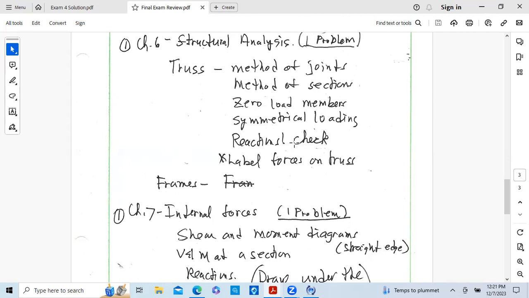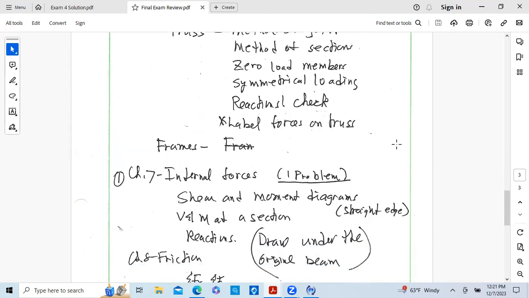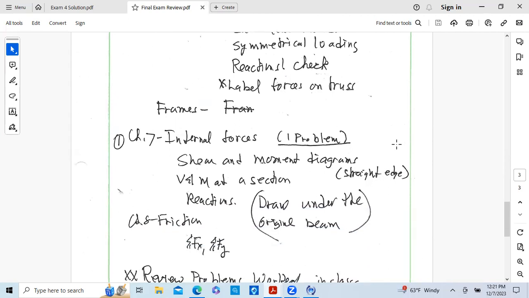Okay, make sure you check your reactions also. So one problem out of chapter 6. Chapter 7, you'll have one problem. Shear moment diagram. Okay, we just did that. Probably won't have you do shear moment in a section since we're doing the diagram.